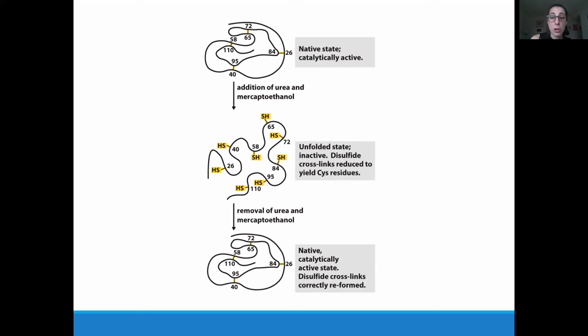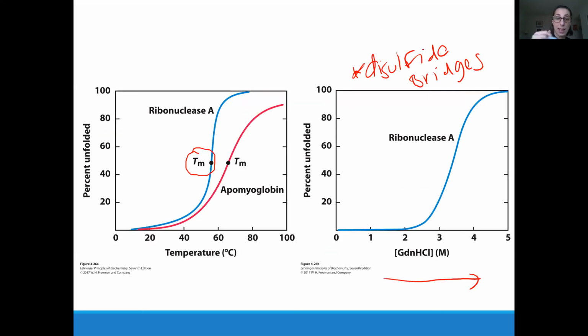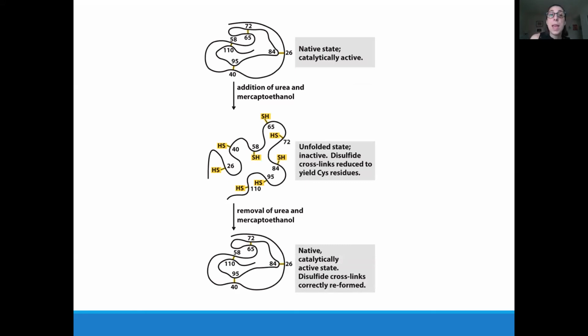Again, this experiment showed, using data like the graph here, that the main type of stability that this protein is held together with is disulfide bond linkages.